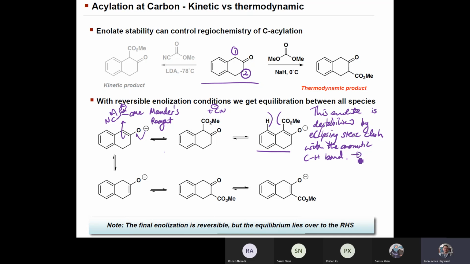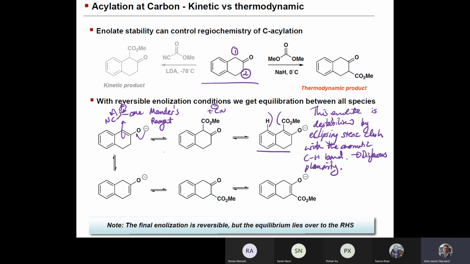That disfavors planarity. And if the methyl carboxylate is not coplanar with the enolate, then it is not a stable enolate. It can't be. So it ends up actually reversing because this is not the most stable product.